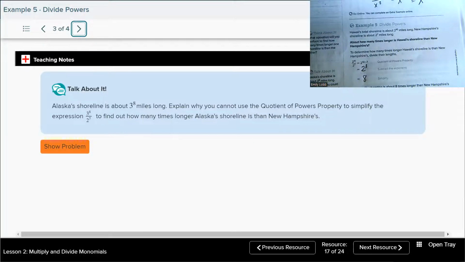Now this one is telling us that Alaska's shoreline is about 3 to the 8th power miles long. Explain why you cannot use the quotient of powers property to simplify the expression 3 to the 8th divided by 2 to the 7th. Why can't we do that? Good, they're different factors. They don't have the same base. Excellent. We'd actually have to do that like we were doing before.